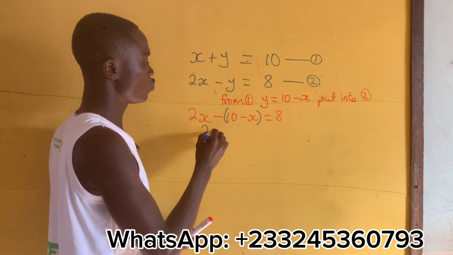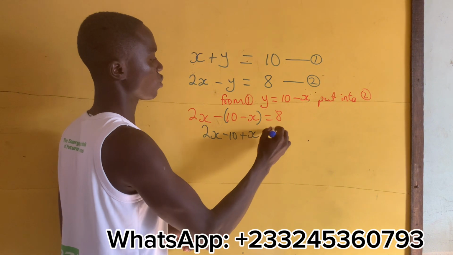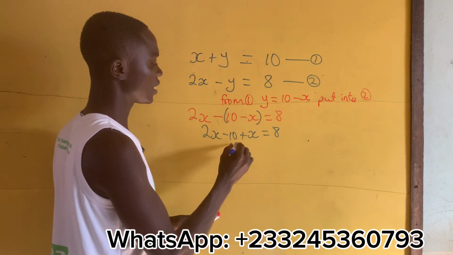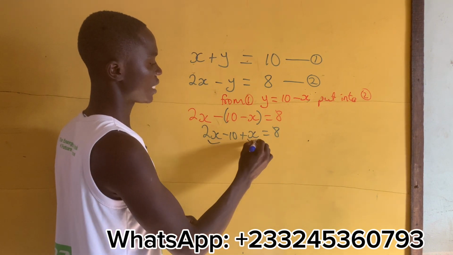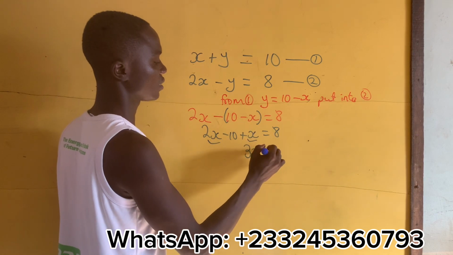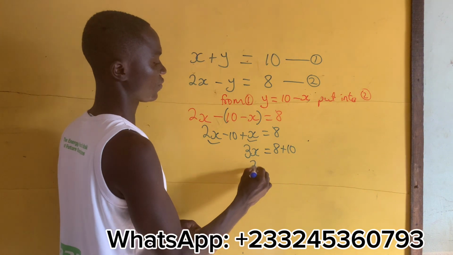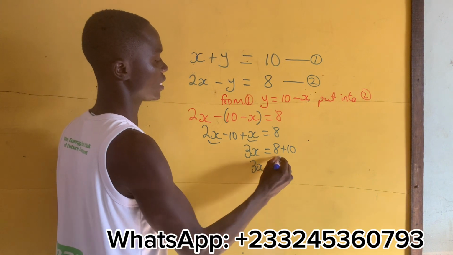So we have 2x minus 10 plus x equals 8. Then 2x plus x gives 3x. Then we send this 10 over to get 8 plus 10. 3x equals 18.